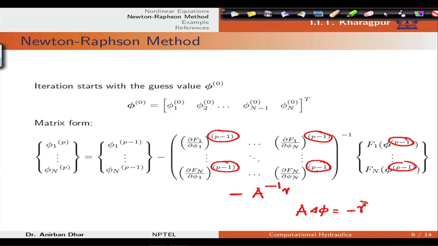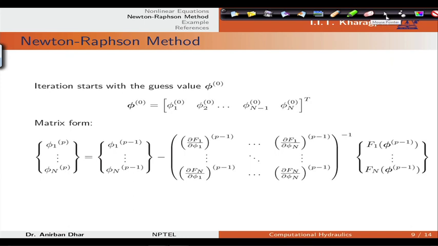So, if we provide this minus R, where the R vector is your F vector, we can utilize our linear either direct or iterative approach to get the solution for this del phi vector. So, we can utilize maybe LU decomposition in this case to get the solution.